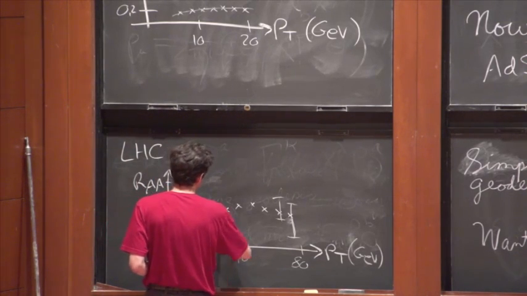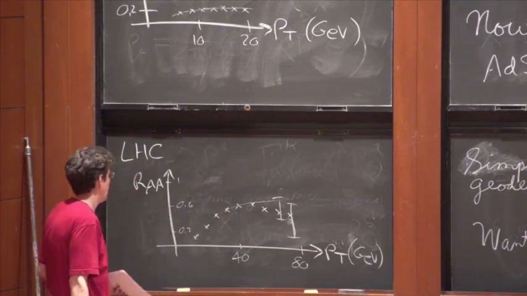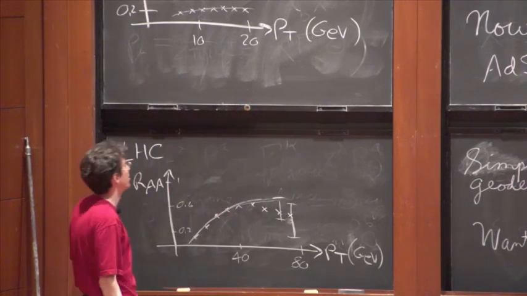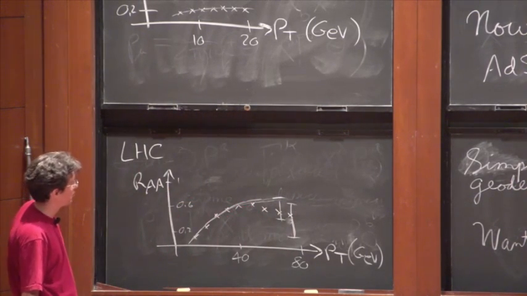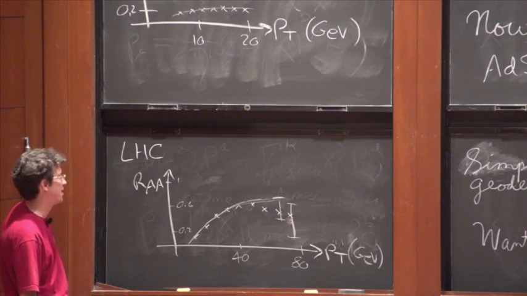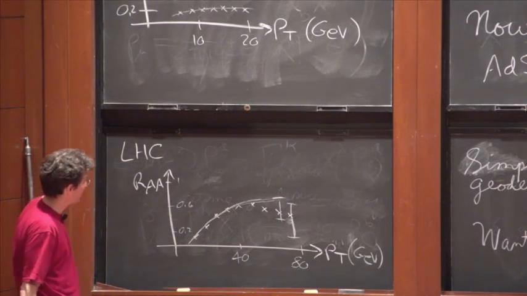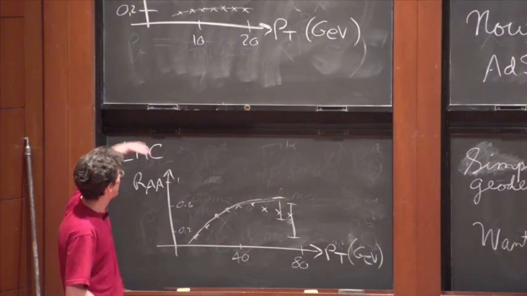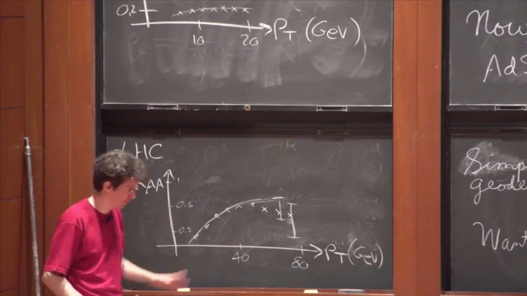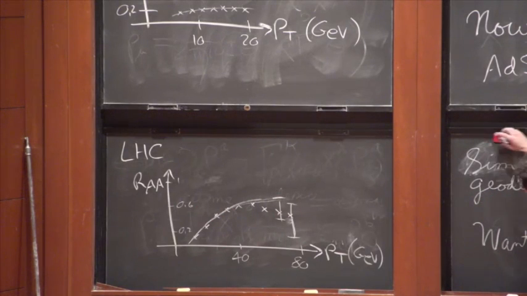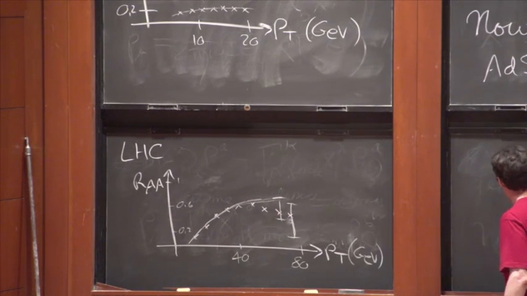Okay, so I draw these curves as representative of a successful match of theory to data. And the bottom line is that we can get our curves to go through the data with the number of parameters we have in our formula.